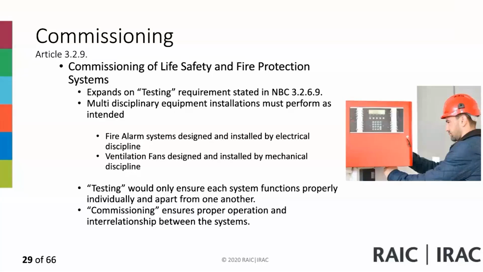These are typically done anyways, but when you do the integrated testing, you look at them together and how each of them functions when one control requires another system to function. Especially when you have a fire alarm system, a smoke control system that's activated, or a fire suppression system that needs to go on, and then you need to connect it to your fire alarm system to monitor it.